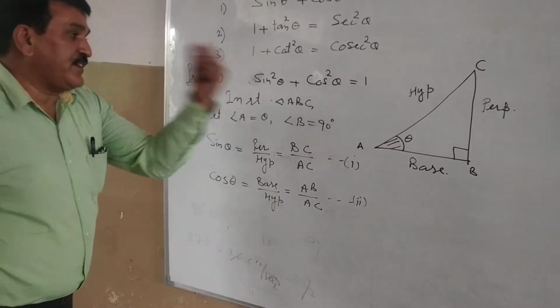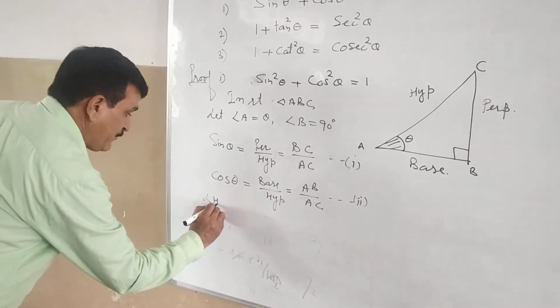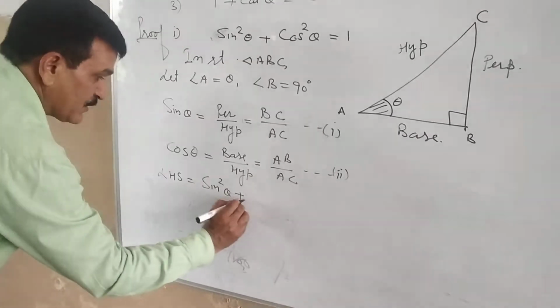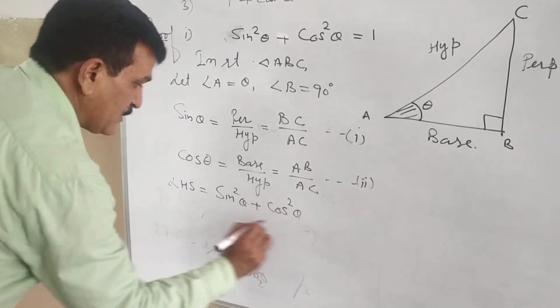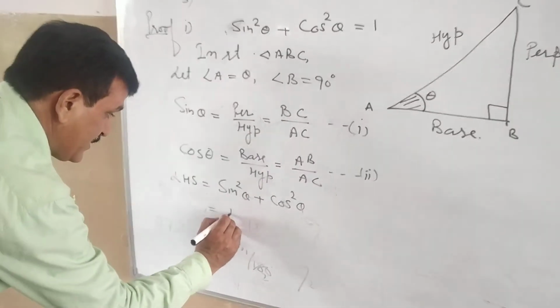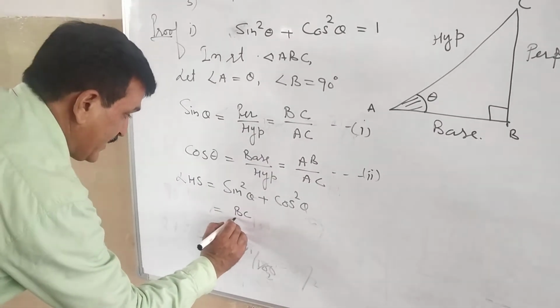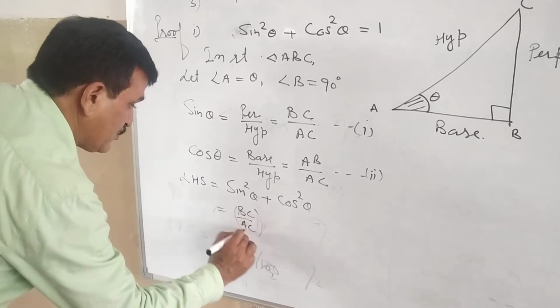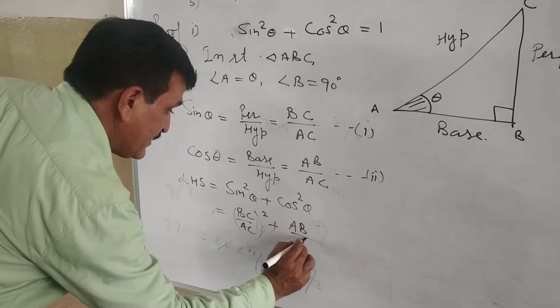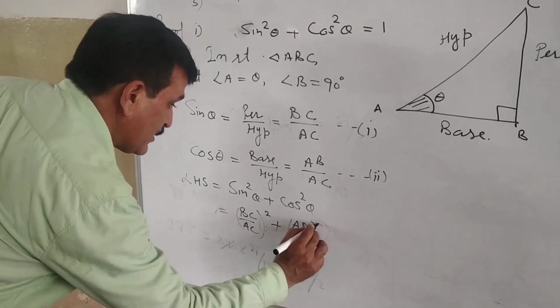Now take the left hand side of the identity. Left hand side is equal to sin square theta plus cos square theta. Now putting the value of sin theta, which is BC over AC, whole square, plus cos theta, which is AB over AC, whole square.